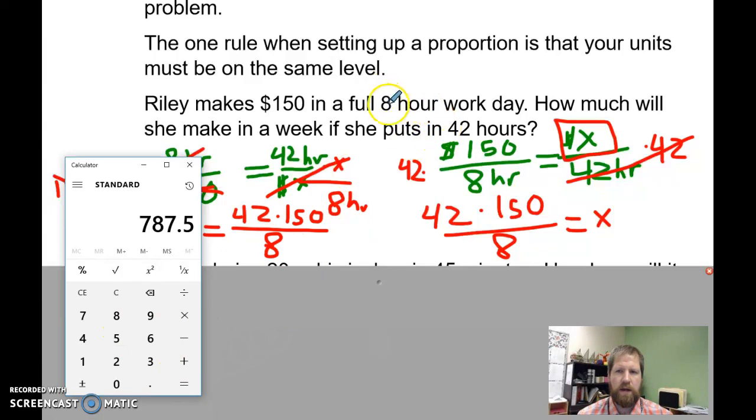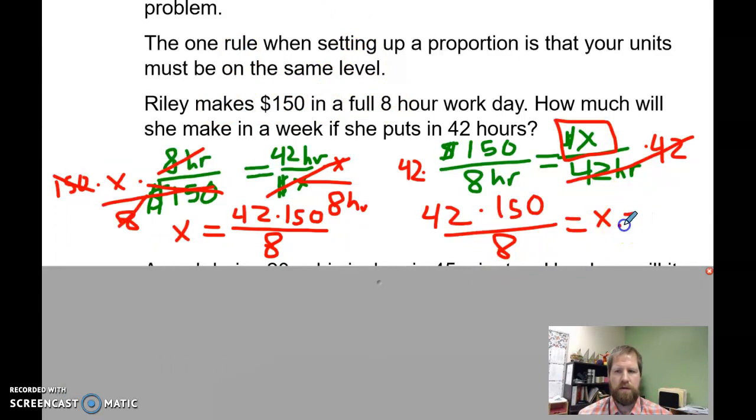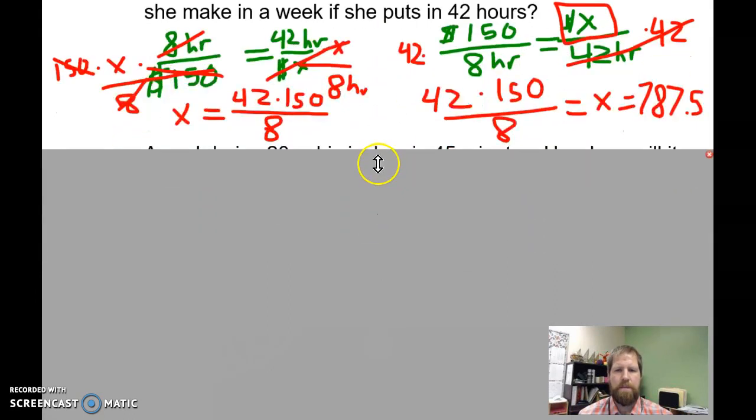It looks like if she puts 42 hours in at $150 for every 8 hours, she will make $787.50. So set it up with your variable on top to save yourself some time.